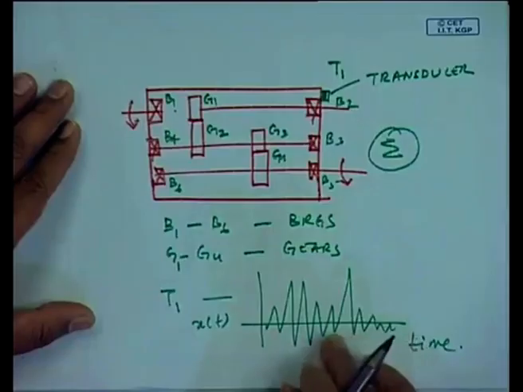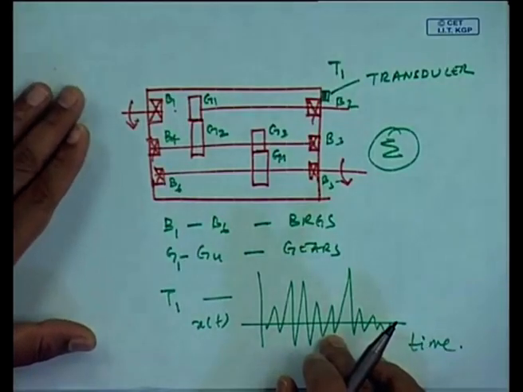So, envelope analysis, or signal demodulation, is one such technique by which I can find out these characteristic frequencies. Nowadays, FFT analyzers have an option of doing FFT after envelope analysis. We do the fast Fourier transform not of the total signal, but only of the signal which is carrying the information.